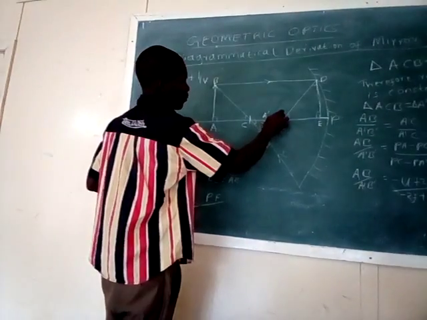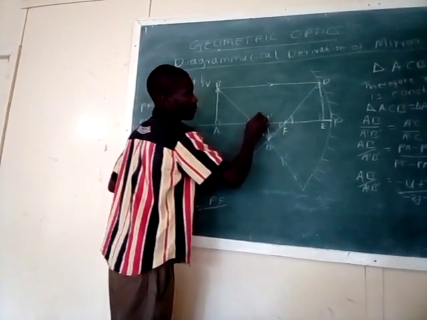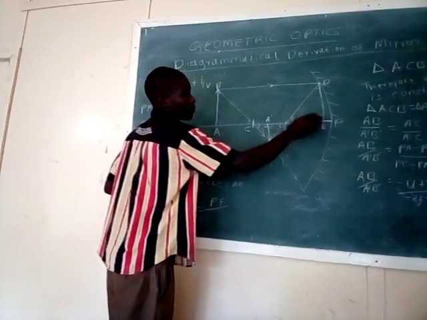We want to get this distance. A prime F is the same as P A prime minus PF.